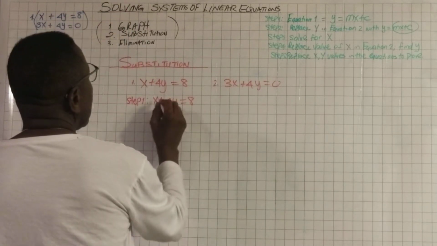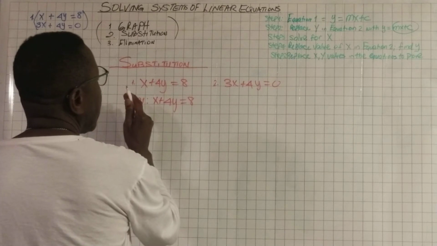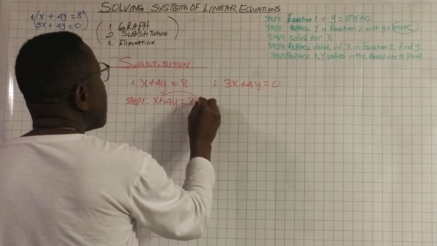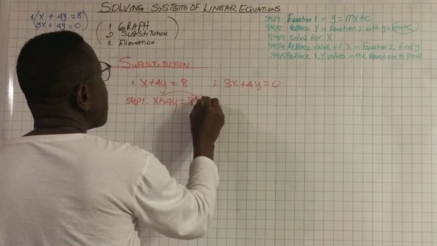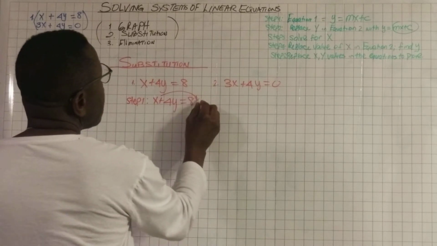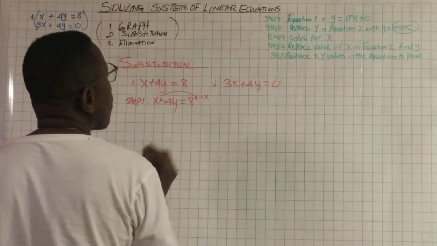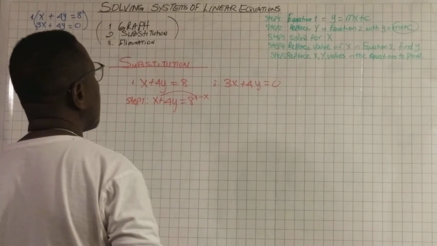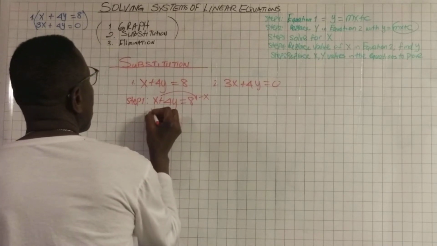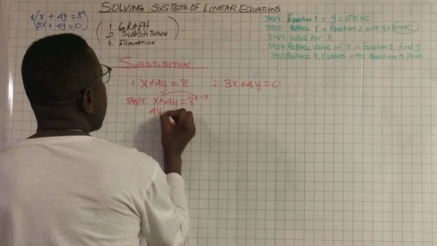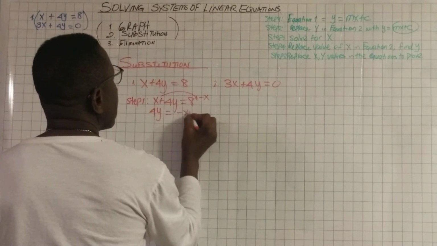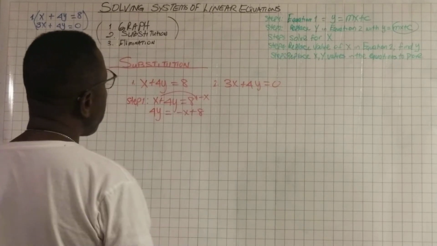In this case, I want y to be on the left hand side. I want x to move over to this side. When it goes across the equal sign, it changes to minus x. The sign always changes. So then we rewrite it. We're going to have 4y is equal to minus x plus 8.